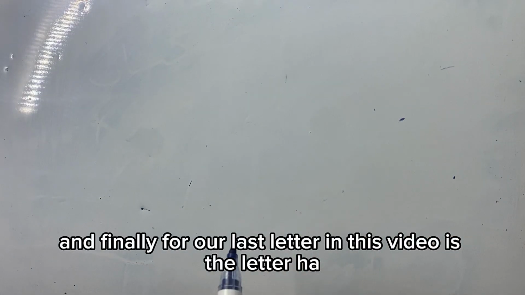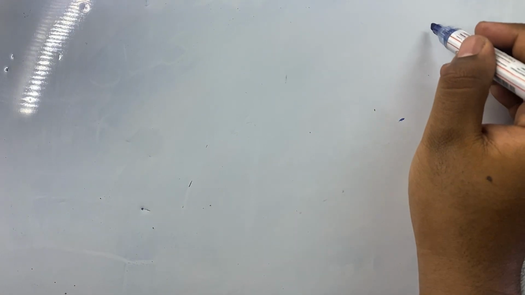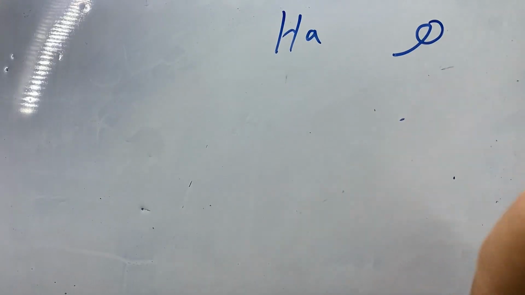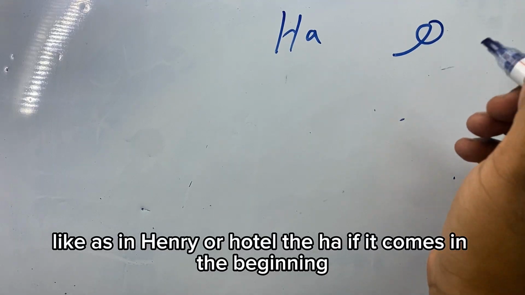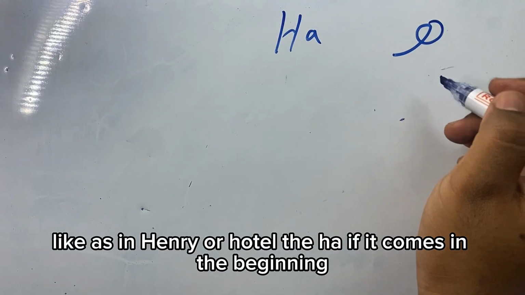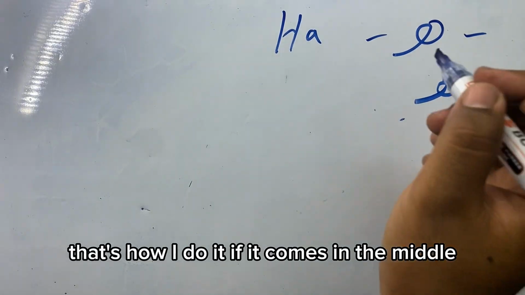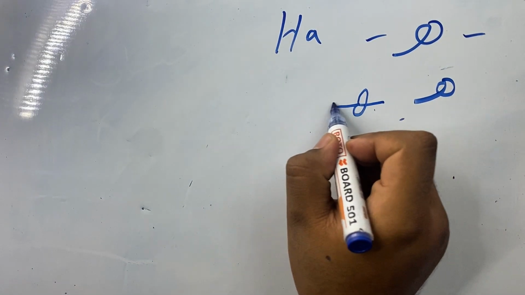All right. And finally, our last letter in this video is the letter Ha. As in Henry or hotel. The Ha, if it comes in the beginning, connects before and after. That's how I do it in the beginning. If it comes in the middle, let's focus, it goes like this.